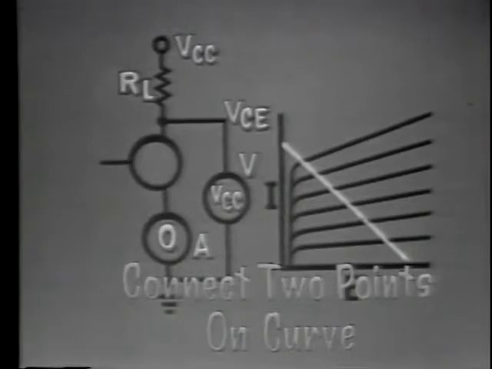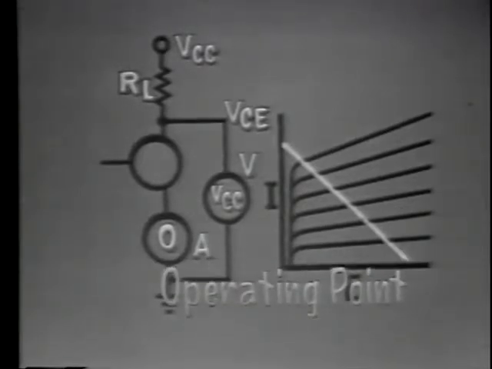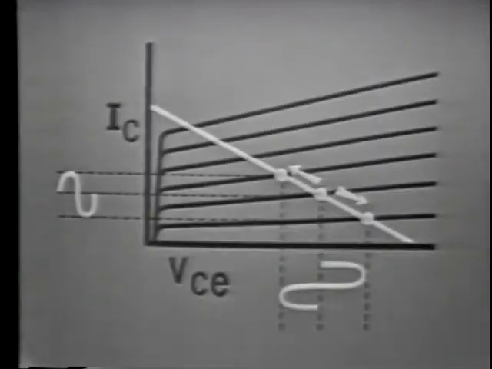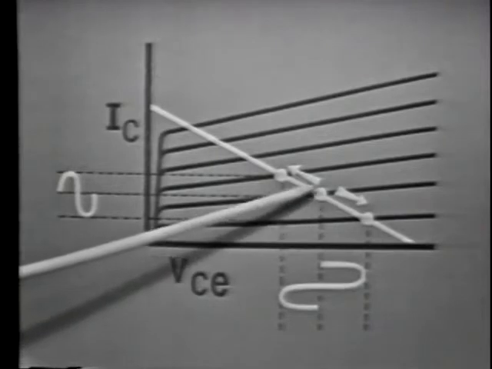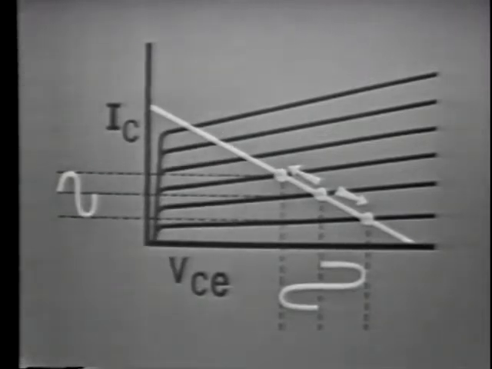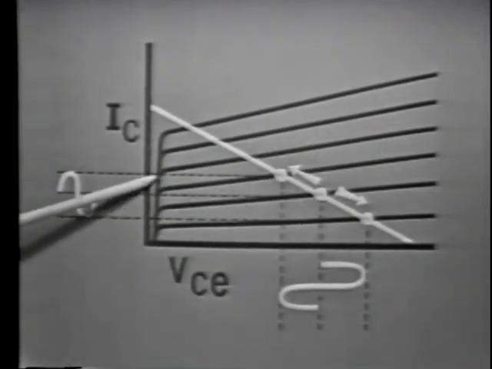After drawing a line known as the load line, we found that the operating point was located where the base current line intersected the load line. We observed the changes along the load line that were caused by the very small input signal. To find out how much variation occurred in the output, we went from the lower and upper intersection on the load line across to the current axis.